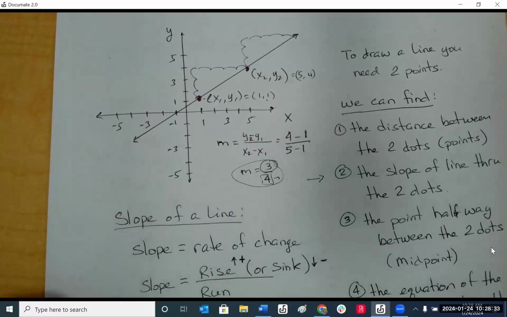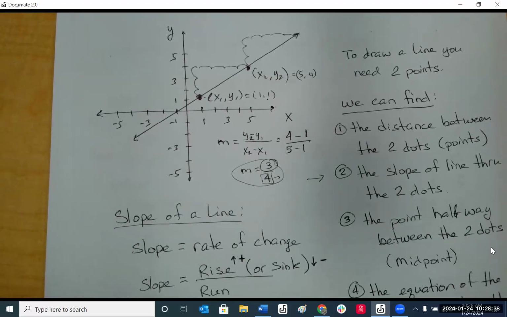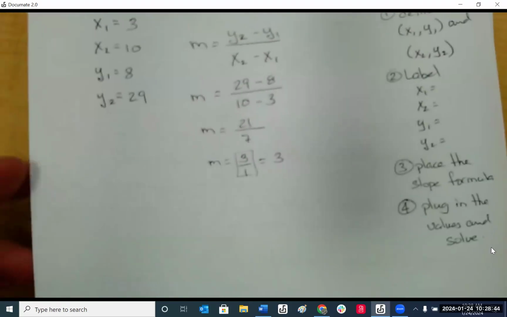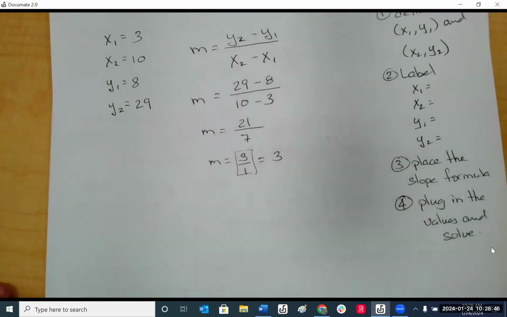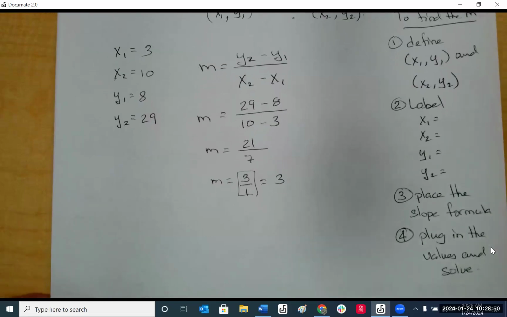So you can tell me how many points are on that line. Infinite number. That's what it's used for. So whenever you deal with slopes, the answer has to be either an integer or a fraction. So far, so good.